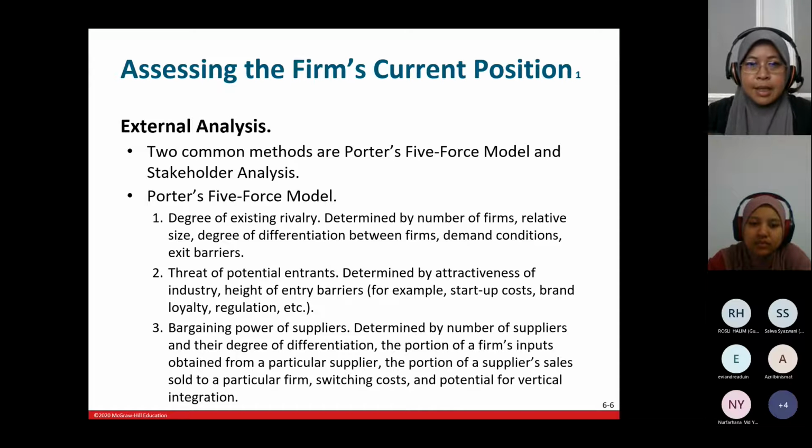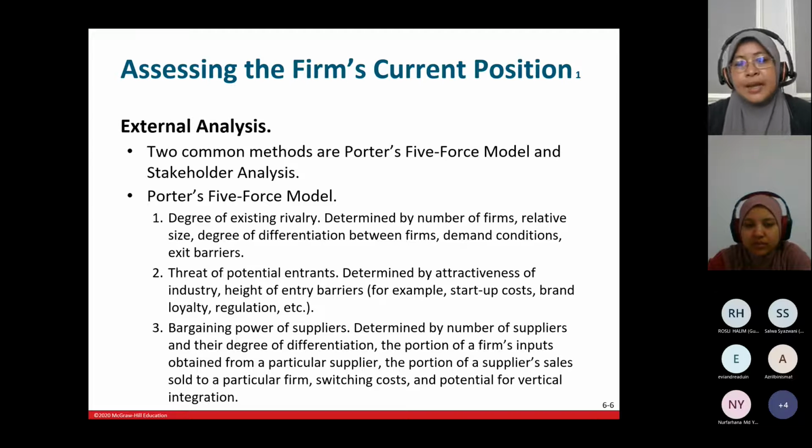So if the industry has more firms, more rivals, the rivalry level in the industry is high. If there are fewer companies, the rivalry level is low.